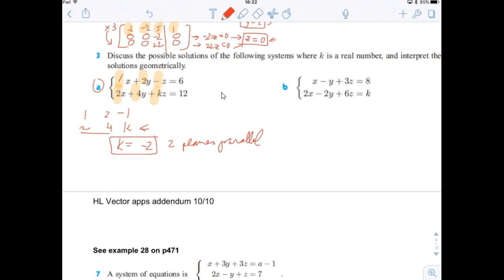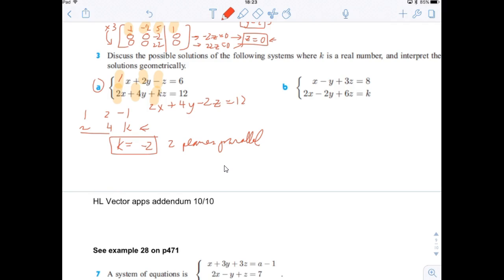Now, let's see if not only are they parallel, but maybe coincident too. Well, let's do the following. We'll take k equals negative 2 and plug it in for the k value and see what happens to the equation. The first equation is 1x plus 2y minus z equals 6. Putting k equals negative 2 in the second, we get 2x plus 4y minus 2z equals 12.